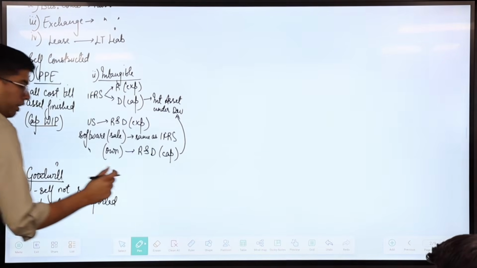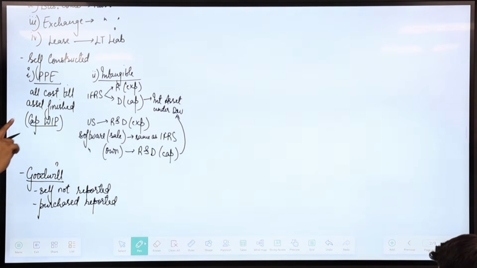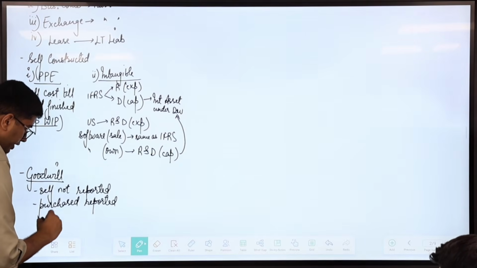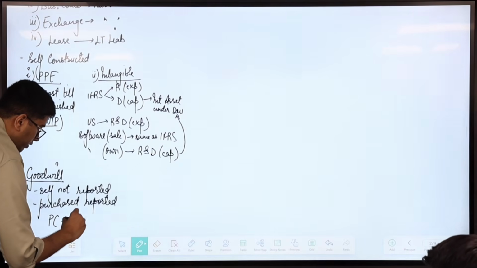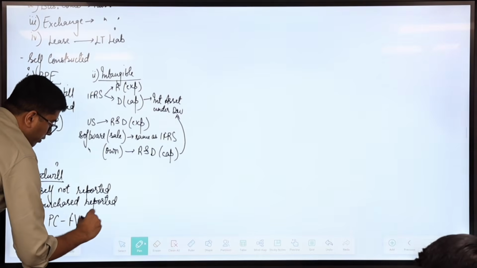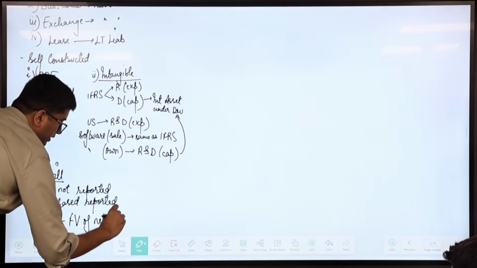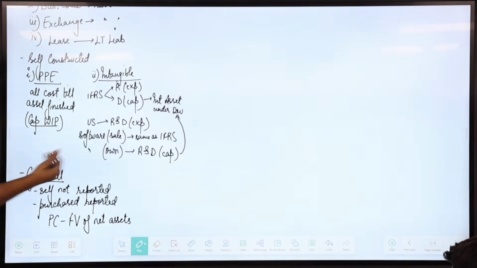How do you purchase goodwill? When you actually purchase an entire other business. If you acquire a company, you automatically acquire their goodwill also. So over here, it is purchase consideration minus fair value of net assets. That is, how many assets you have received from the acquisition versus the money you paid for it.